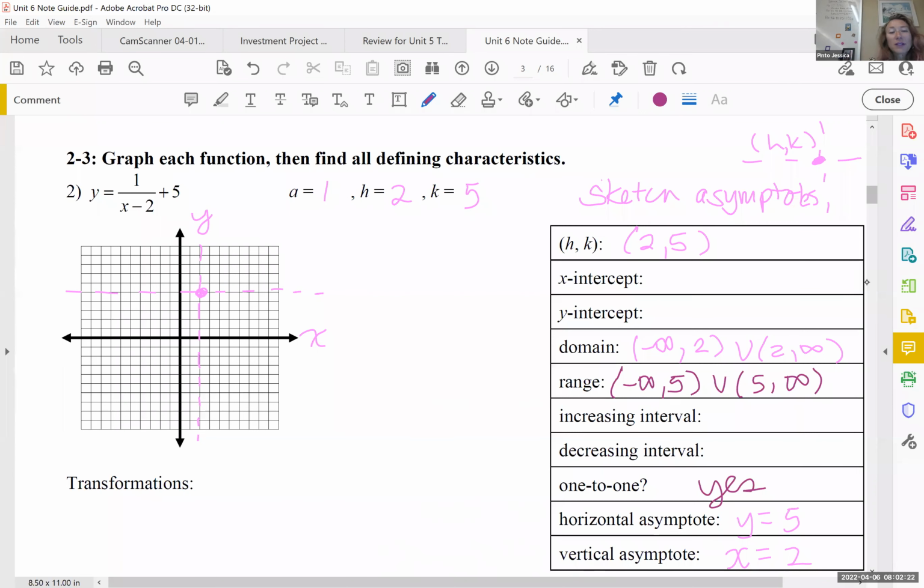So now I'm going to make my table. Since it's just the A value of 1, I'm just going to use the table values from before, and I'm just going to use a few of them. I'm going to use -2, -1, -0.5, and then I'm going to use +0.5, and then +1 and 2 as my X values.